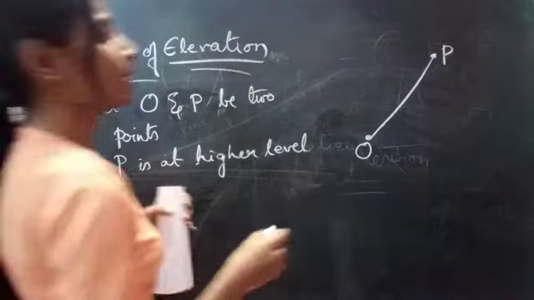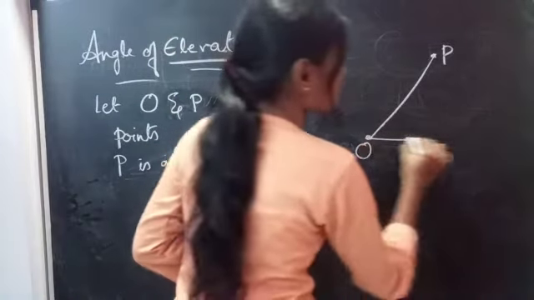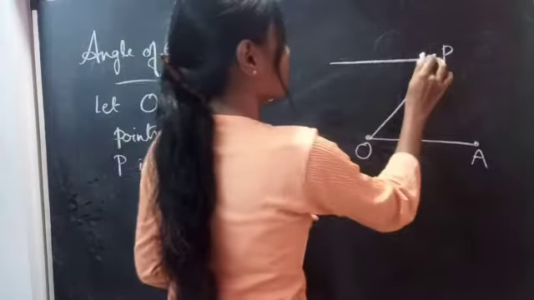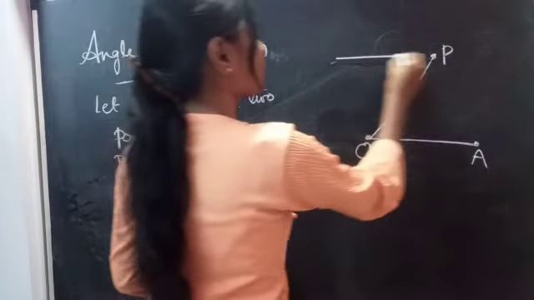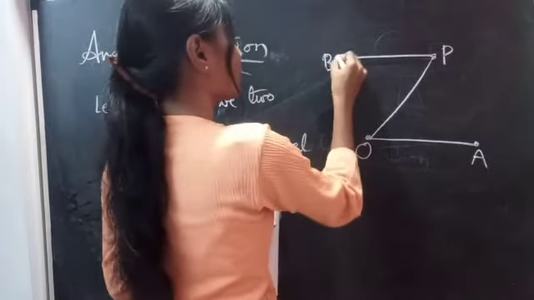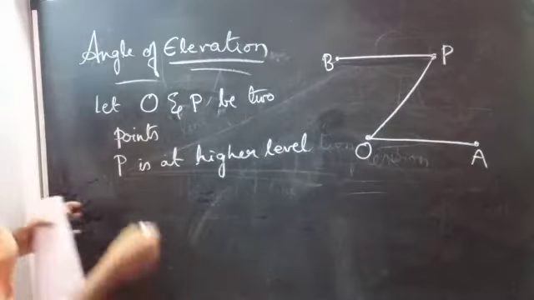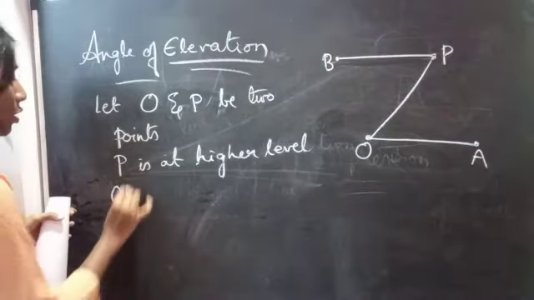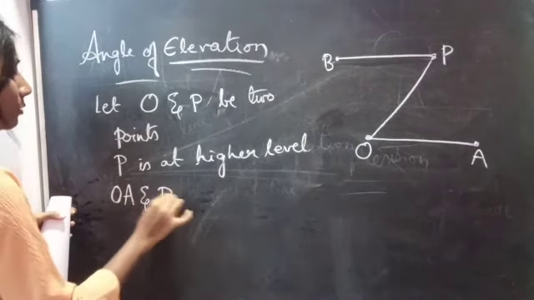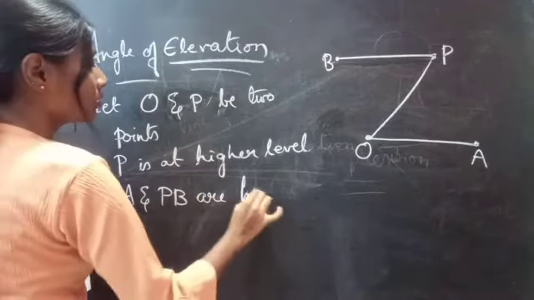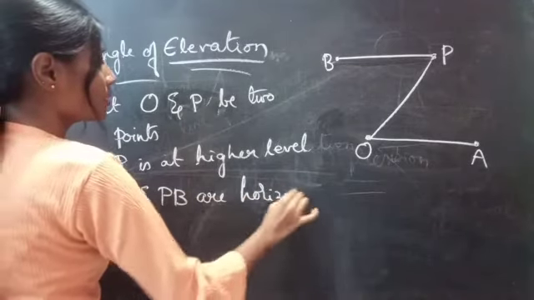Now consider horizontal lines OA and PB. Here OA and PB are horizontal lines.